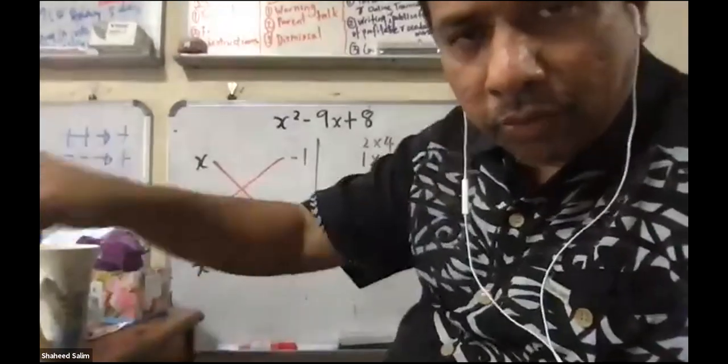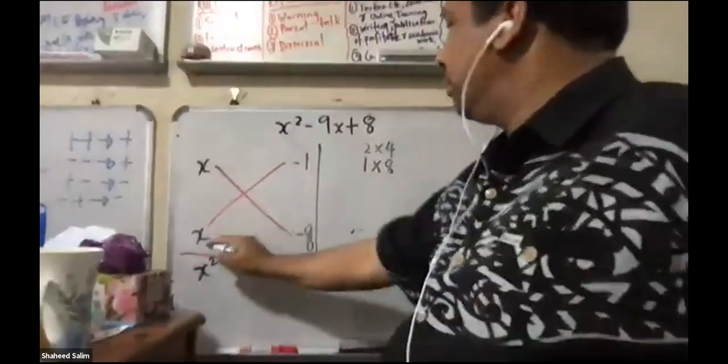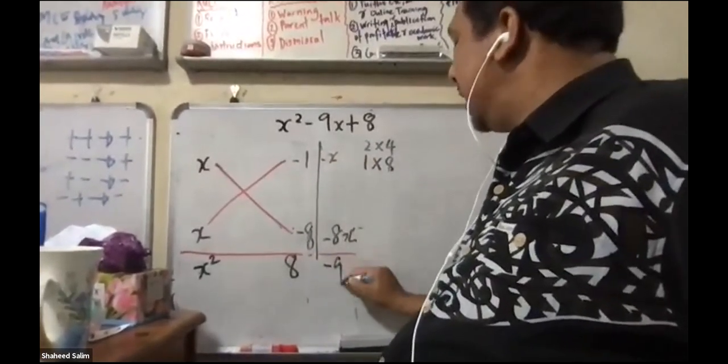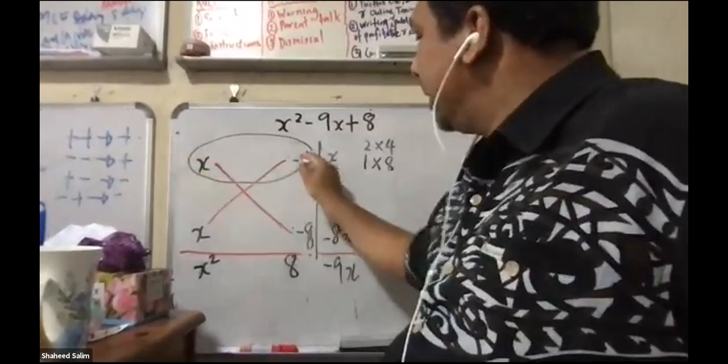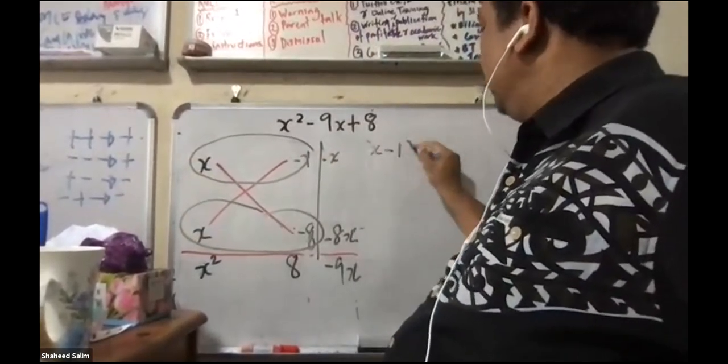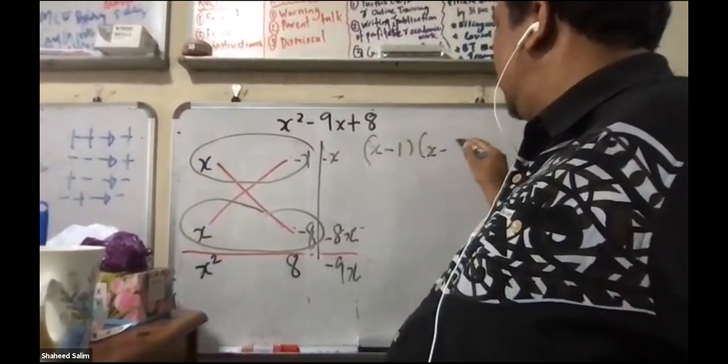It works. You got it. So down here you get minus x, minus 8x, all together become minus 9x. This is the correct one. So what is the factorized version? X minus 1, x minus 8.